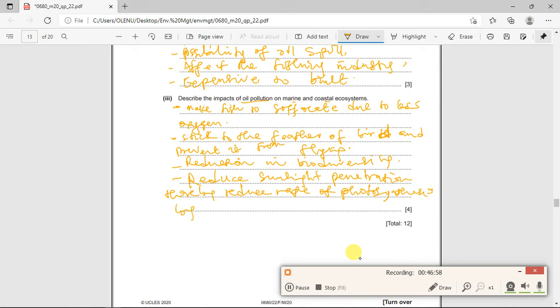And if that happens, it will also disrupt the food chain or web.